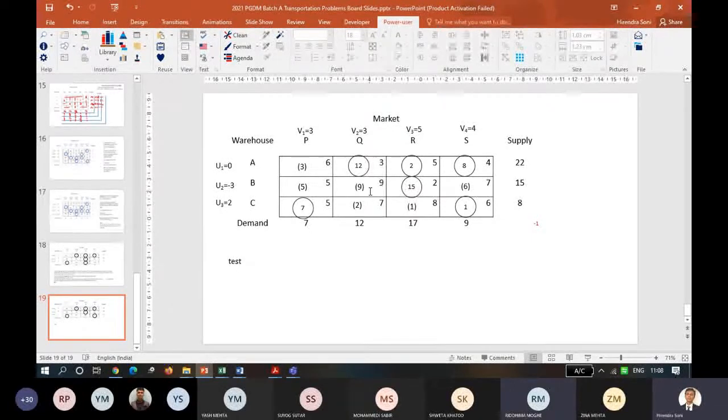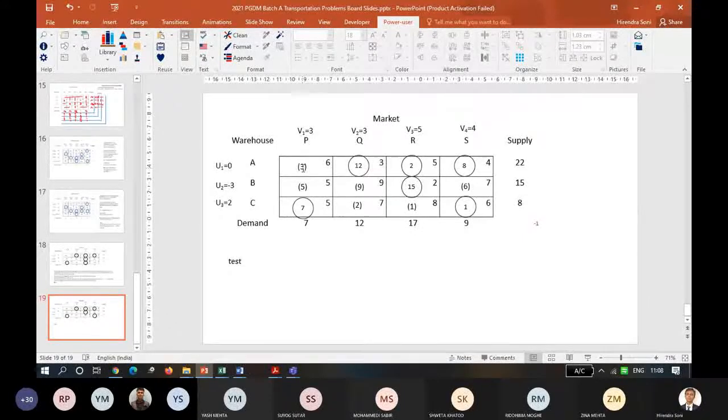Yes, yes. ठीक है. But let us look at another option. This one, A to P. इस ट्रांसपोर्टर से अगर आपको नेगोशिएट करना है तो आपको इससे कितना रिड्यूस करवाना पड़ेगा? कम से कम 3. क्योंकि 3 से जब नीचे जाएगा तो आपका अपॉर्चुनिटी कॉस्ट यहाँ पर नेगेटिव में आएगा. दैट मीन्स आपका कॉस्ट रिड्यूस होगा. बट अगर उसने सिर्फ 3 के ही बराबर किया so it will be an alternate solution.